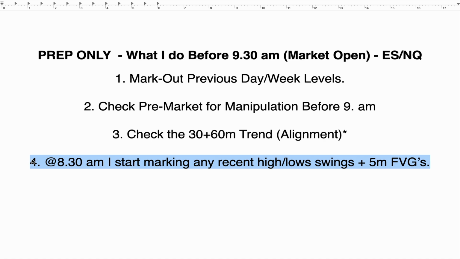That's it, just anything that's obvious. Because what it means is once the market opens, that level might become useful, right? It might be a pre-existing level that can act as a continuation to the 9:30. Sometimes it's not always useful, but sometimes it is. And that's all I do.